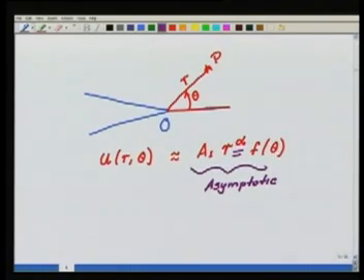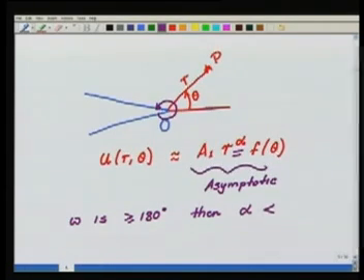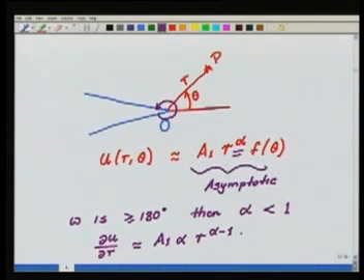Now it turns out that when this angle omega is greater than or equal to 180 degrees, then alpha is less than 1. So if alpha is less than 1, what happens to del u del r? Del u del r will be a1 alpha r to the power of alpha minus 1, into f of theta.